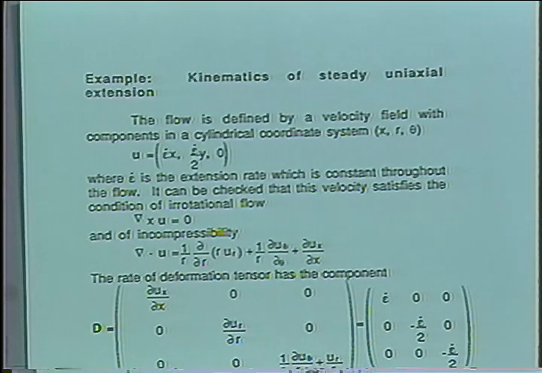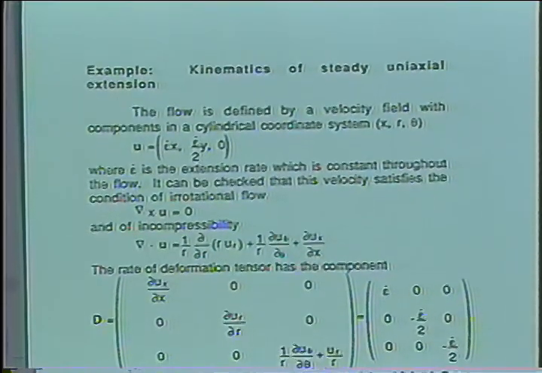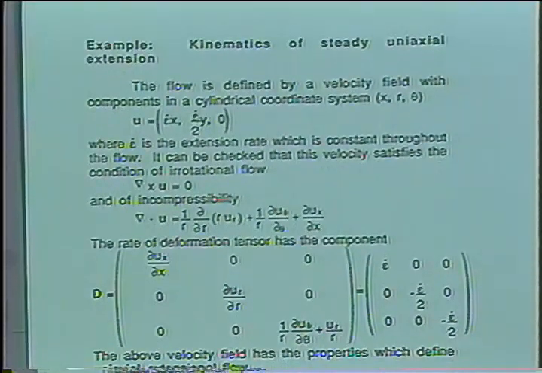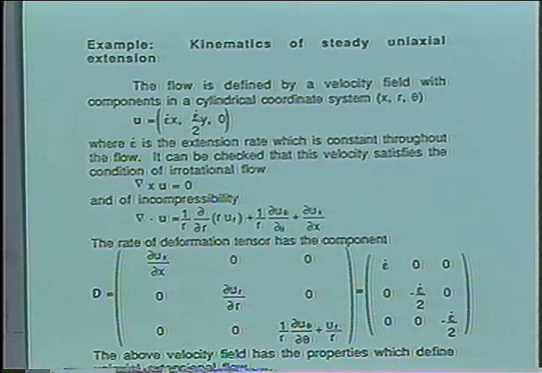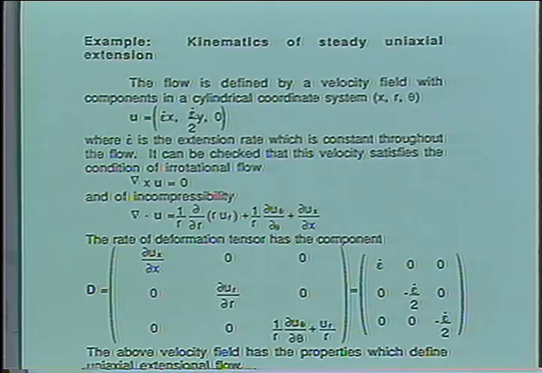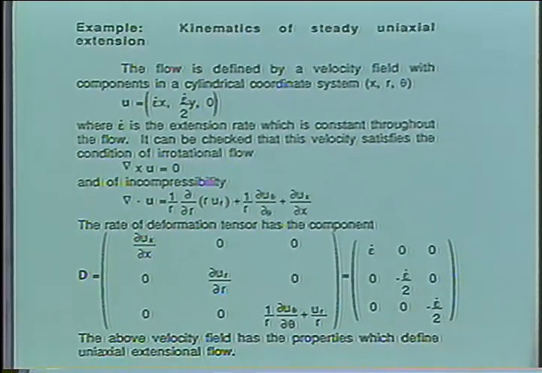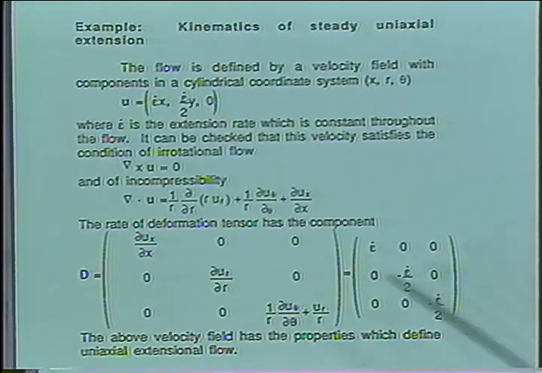One material function which has been studied extensively in extensional flow is the stress response to uniaxial extension, stretching in one direction and symmetry between the 2 and 3 directions, like stretching of a fiber or a rod. I want to go through that as an example now with you so that you can see the details.